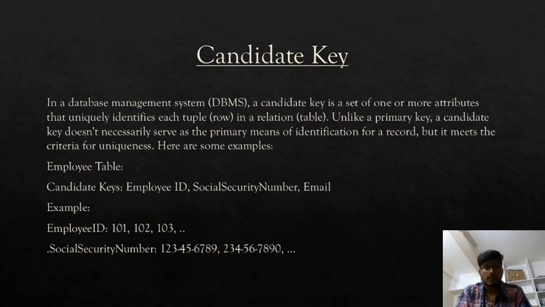But unlike the primary key, a candidate key does not necessarily serve as the primary means of identification for a record, but it meets the criteria of uniqueness. If we consider an employee table in an organization, the candidate keys would be employee ID, social security number, and email ID, etc.